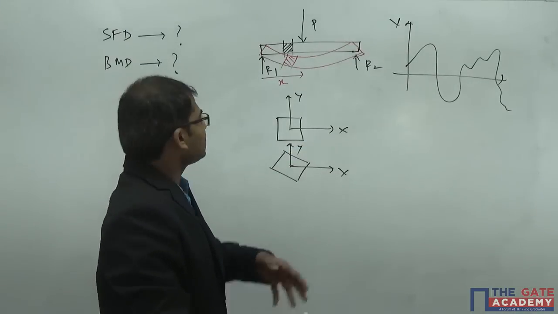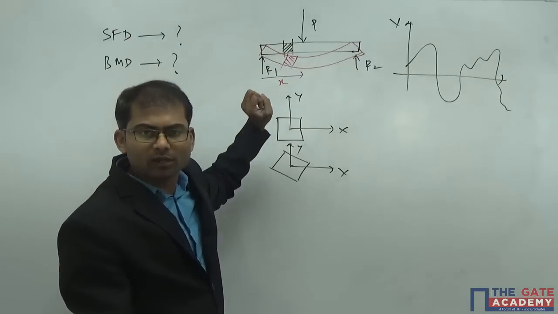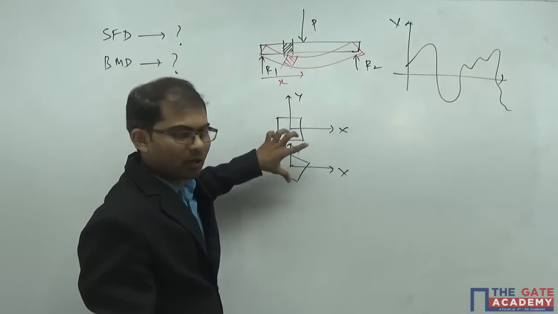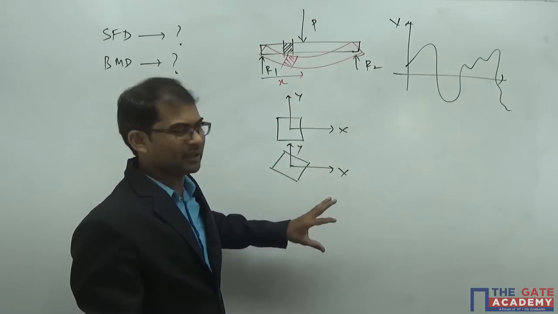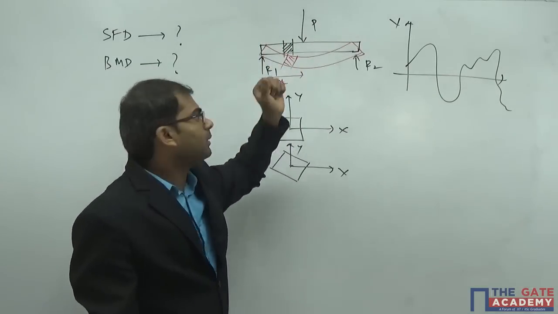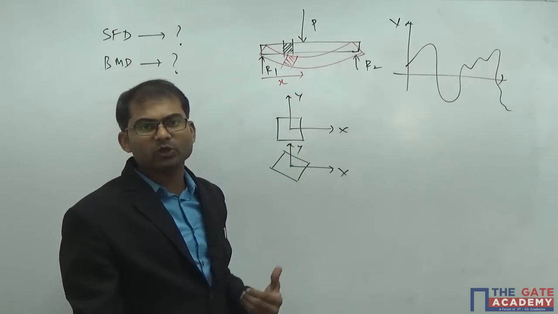So that means some turning effect is getting induced here, some rotation, some torque, or some moment is getting induced here. But the amount of moment, or basically the amount of rotation that is actually occurring, will be different based upon the element I am considering. That may be near to the load, away from the load. So that depends from element to element.